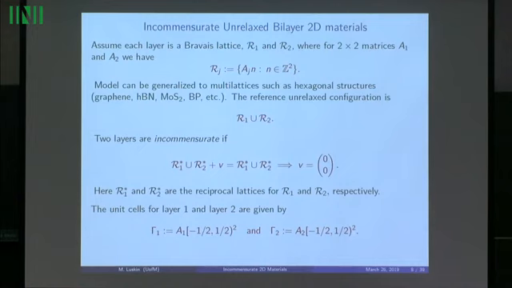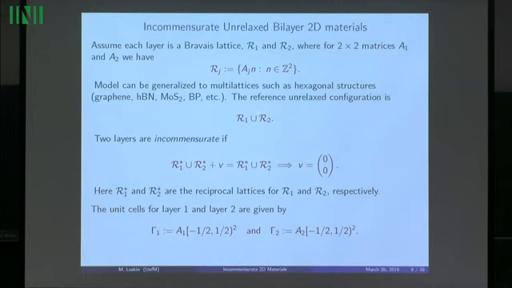Okay, so now let's go back and develop our model. We've seen this before. We describe the Bravais lattice of each individual layer, and we take the union. When it's incommensurate, this is no longer periodic.